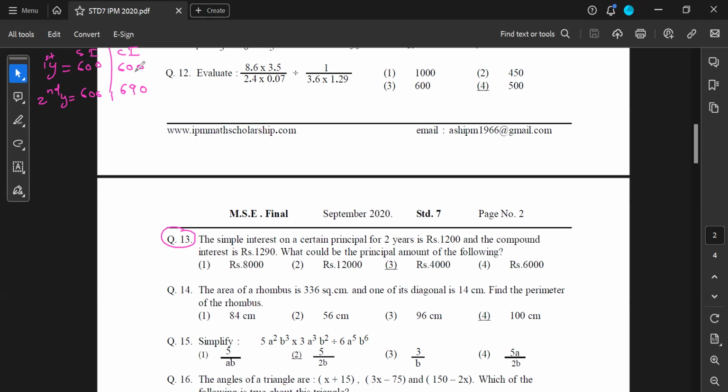Now, in this case, what is the difference? The difference between both the compound interests, the additional amount, is 90. The additional interest 90, कहाँ से आया? क्यों आया? Because of the additional 600 which has accumulated to the principal. I hope you know the logic, right? In case of compound interest, whatever the first year's interest is, that is also added to the principal.